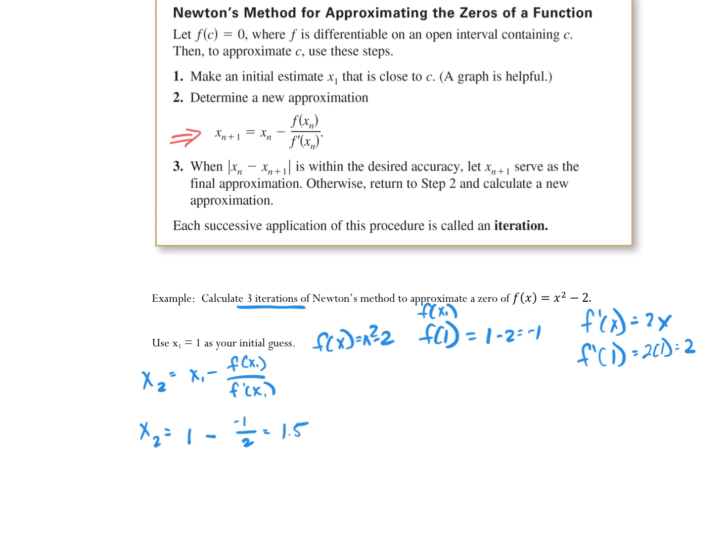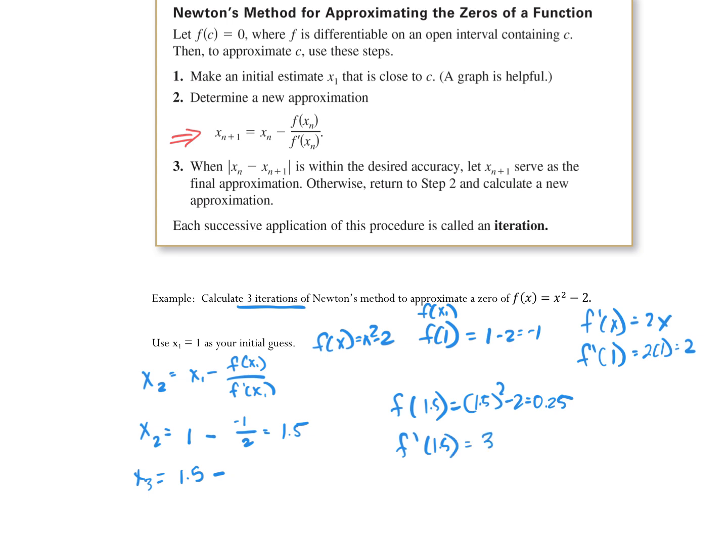So now if I want to find x3, I'm going to do 1.5 minus... I need to figure out what is f of 1.5. We would do 1.5 squared minus 2, which is 0.25. f prime of 1.5 would be 3.